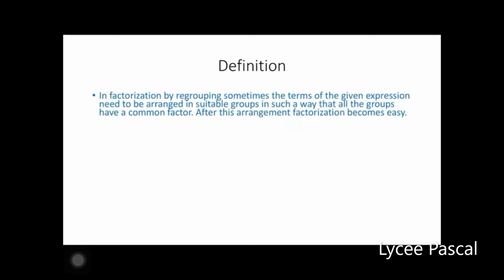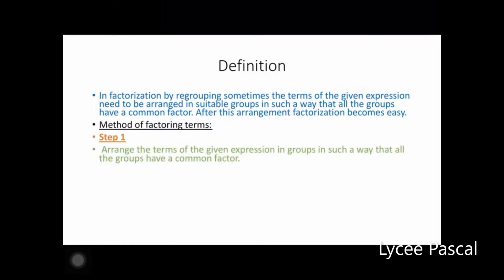Method of factoring terms. Step 1: arrange the terms of the given expression in groups in such a way that all the groups have a common factor, like we have done before. Step 2: factorize each group. And step 3: take out the factor which is common to each group.